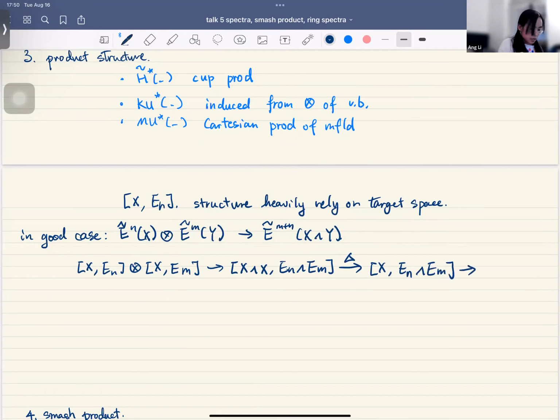All right, and then you apply this multiplication to get something in the n plus m level. So in short, we want a product on spectra.